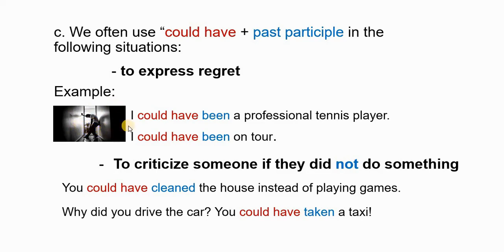So this is always the first person I. So this number 2, I could have been on tour. And this is the past participle of the verb to be, been. I could have been on tour. So guys, this is quite useful. Alright?